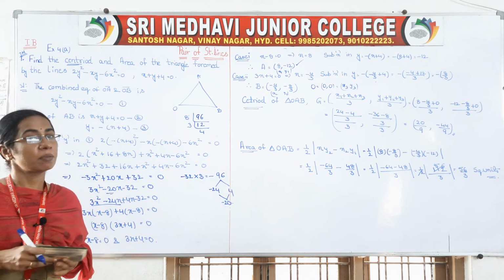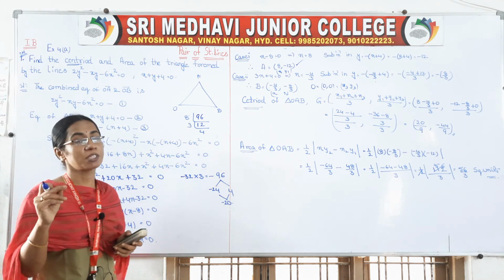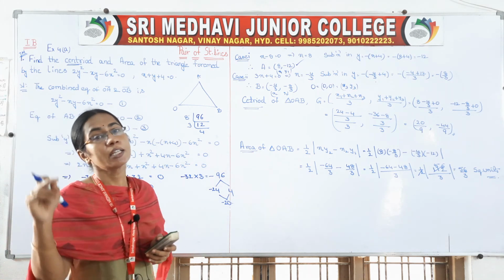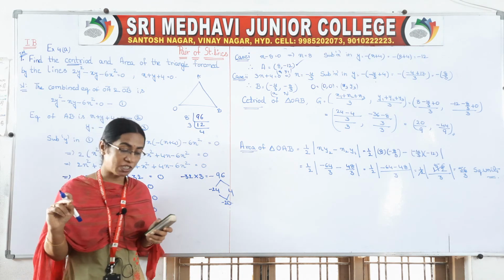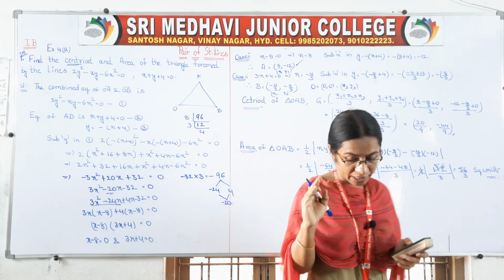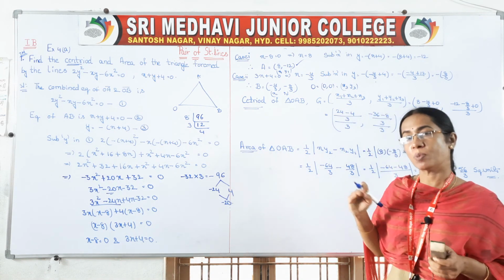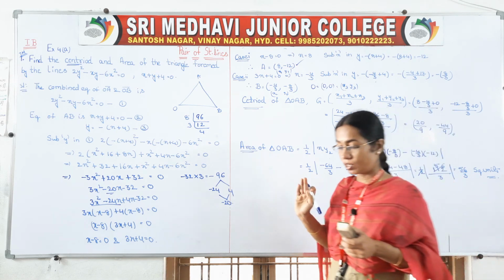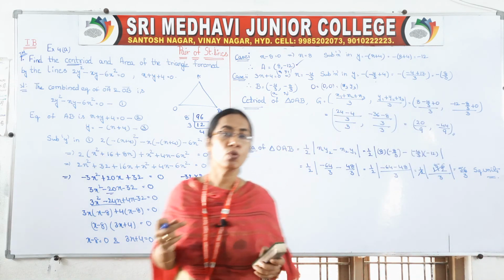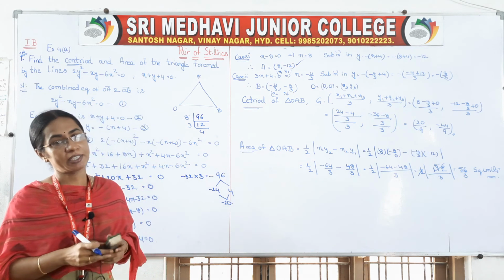Remember, in the beginning, ax square plus 2hxy plus by square is equal to 0 is called the homogeneous equation. If it is a homogeneous equation, it can be written as a pair of two lines OA and OB, which pass through the origin.